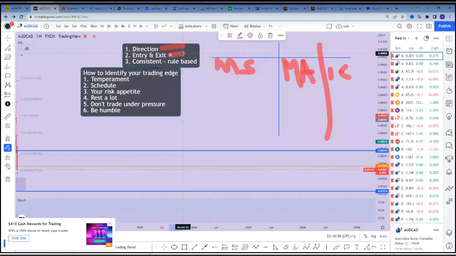So when we're talking about SMC, we're talking about liquidity grabs, imbalance, FVG, or inefficiencies.